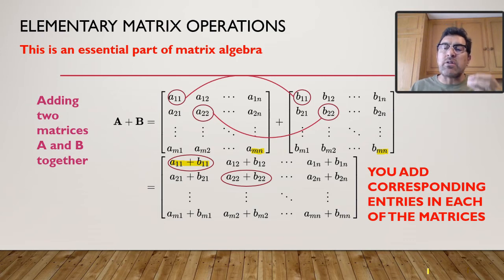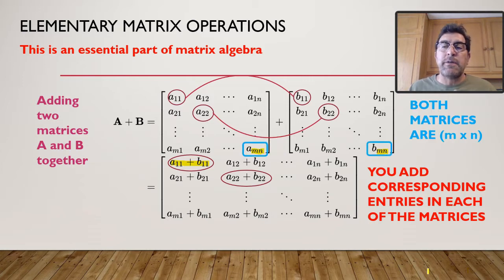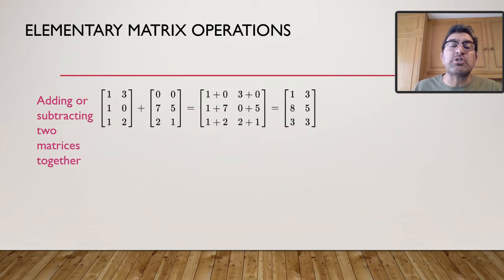So you add the corresponding entries in each of these matrices when you add two matrices. And very important, both matrices have to have the same dimensions, so they've got to be both 3 by 3 or 4 by 4 or whatever the case is. Notice that they don't have to be square matrices here, but they have to have the same dimensions.